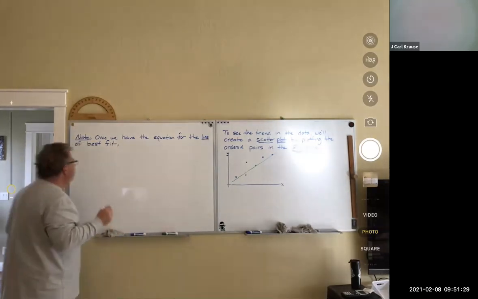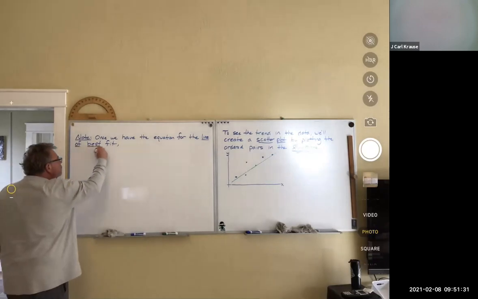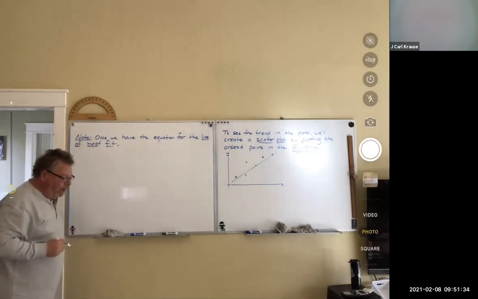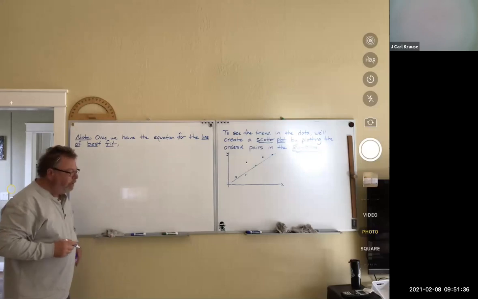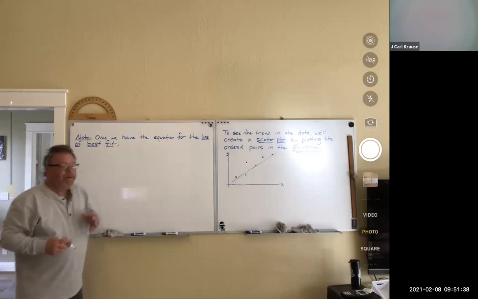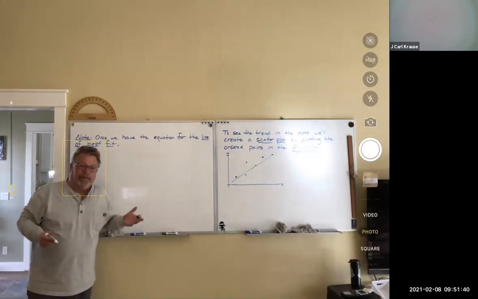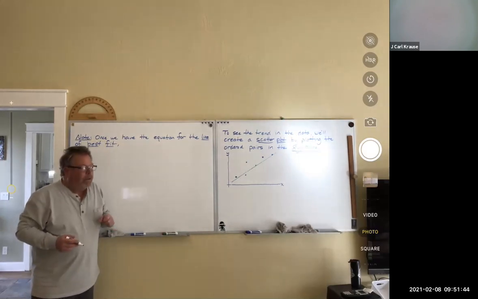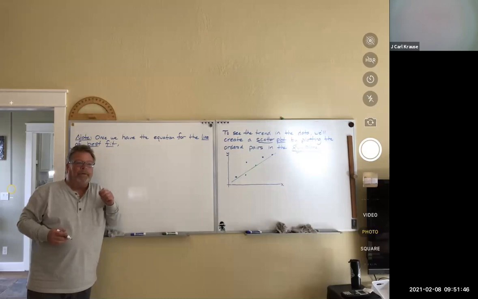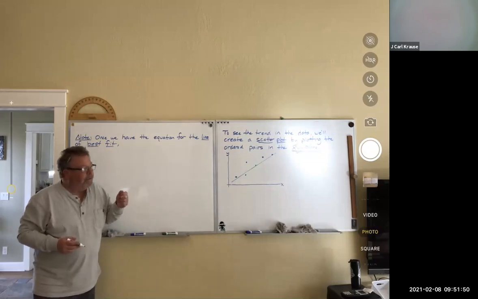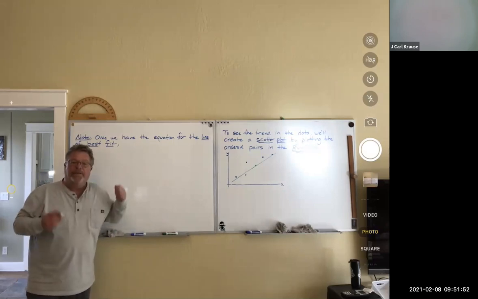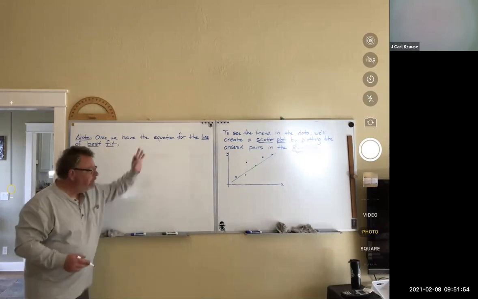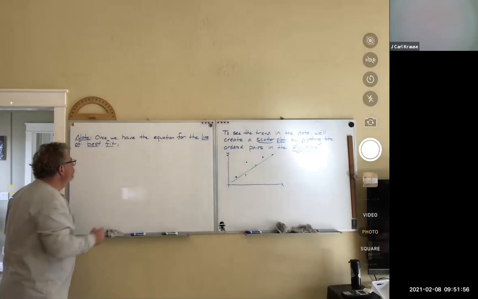And there are other names that we use, and I'll put those up on the board at some point. But most people call it the line of best fit. And, you know, it's like that green line that I tried to draw there. It's also called the linear regression model. And the technical name for it is the least squares line. I'll write those words up on the board at some point.